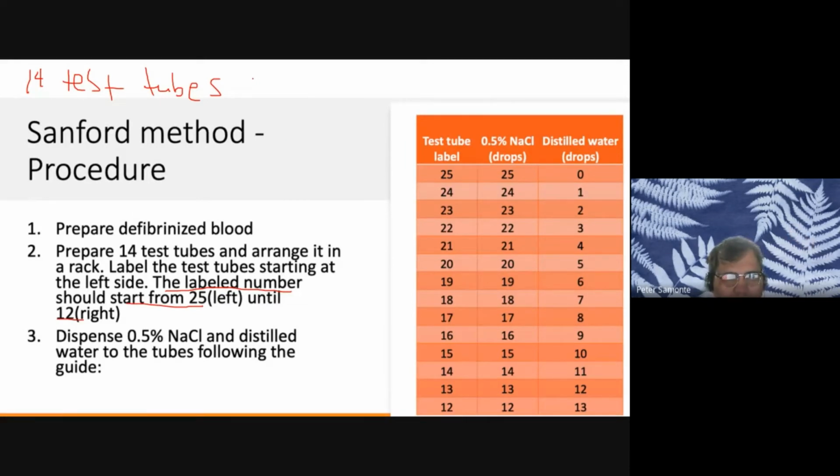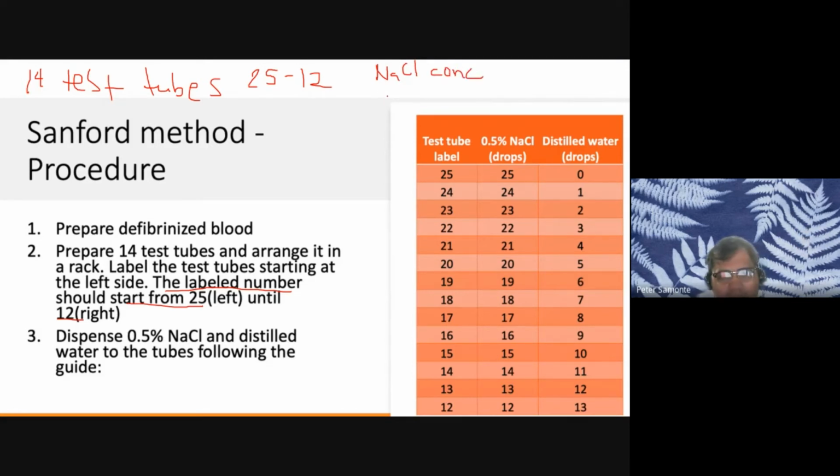If you look at the table, you will see 25, 24, 23, 22, 21, 20, 19, 18, 17, 16, 15, 14, 13, 12. So you're going to label 14 test tubes starting from 25 to 12. Now, I said earlier that we're talking about sodium chloride concentration.